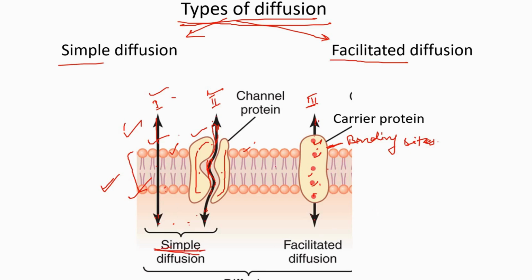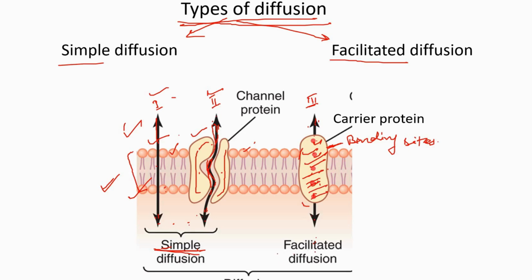And in facilitated diffusion, someone has to hold the substance's hand and help it cross the road. The substance has to bind on this molecule, then the conformational change happens and then the substance is transported.